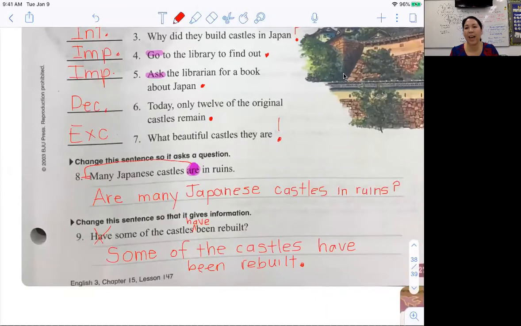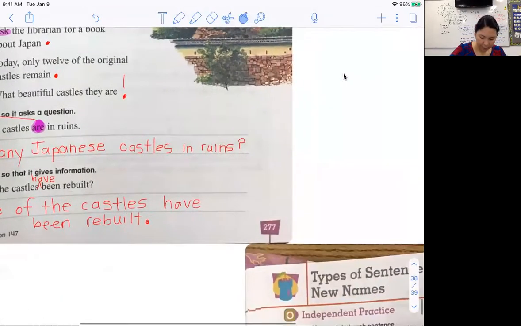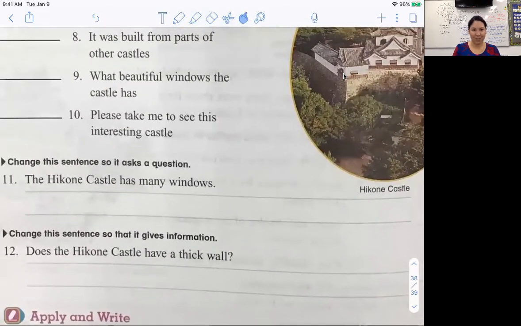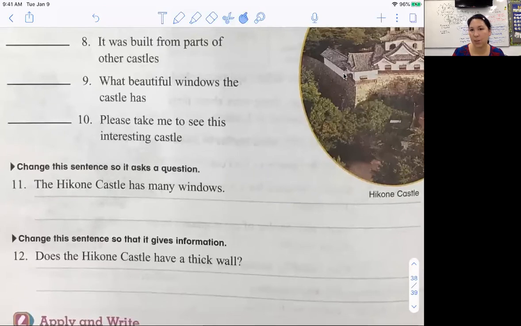I am going to give you help with that on the back, but there are 2 of these on the back. Those of you who like a challenge, maybe do those now because this is fresh in your head and I just taught it. So let me show you that part on the back. It's right here. If you want to try that right now. So the first one is, the Hakone Castle has many windows. Now they want you to make that into a question. So you have to find the linking or helping verb and put it at the front. Oh, you know what?